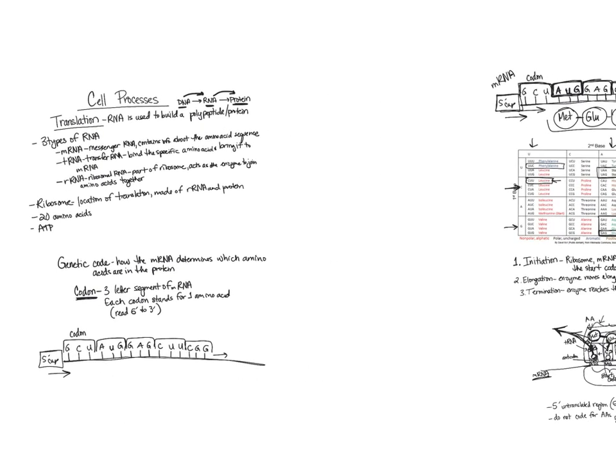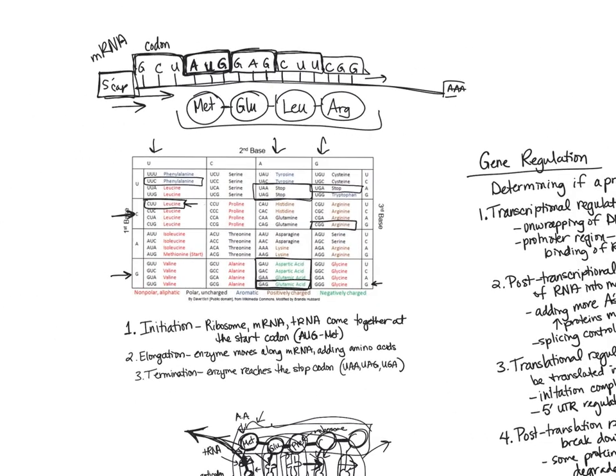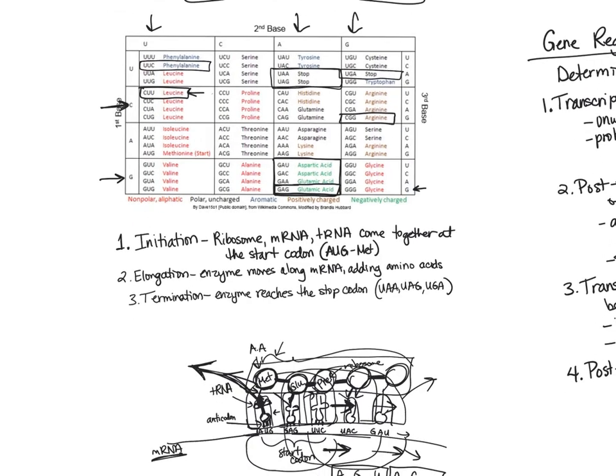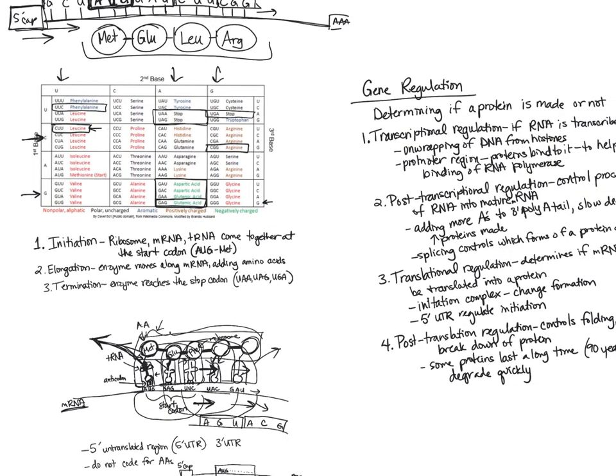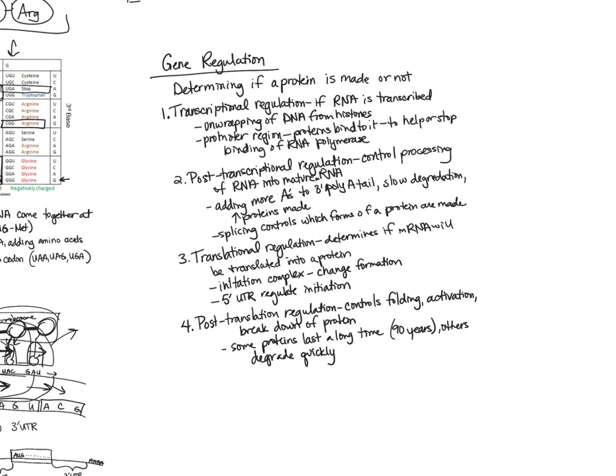You need to know how that works, the three parts. The codon are the three letters, and then how to read a table like this to get our amino acid strand. You should know the three steps: initiation, elongation, and termination, and how that works. And then you should understand gene regulation that we just talked about, the different ways that we can ensure that something gets made or stop something from getting made.